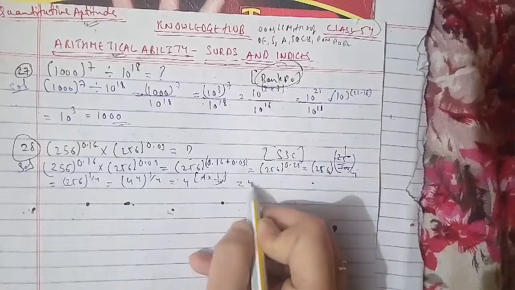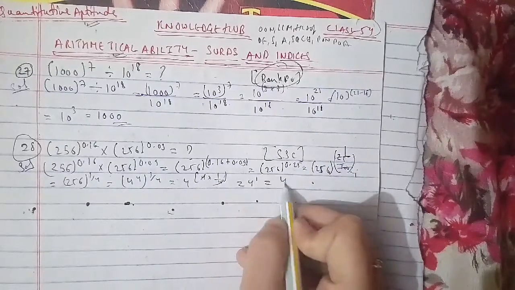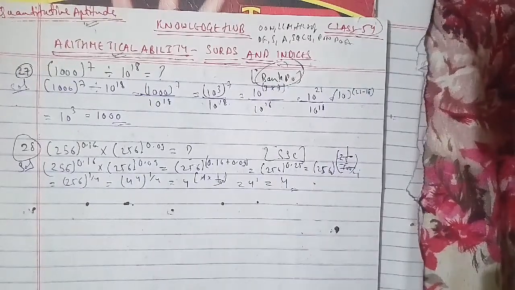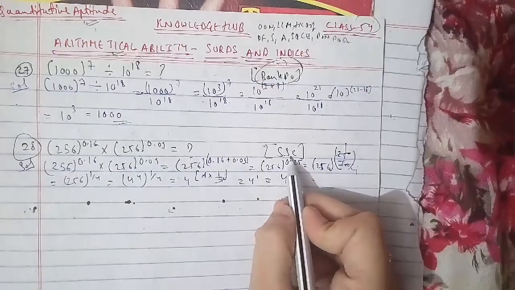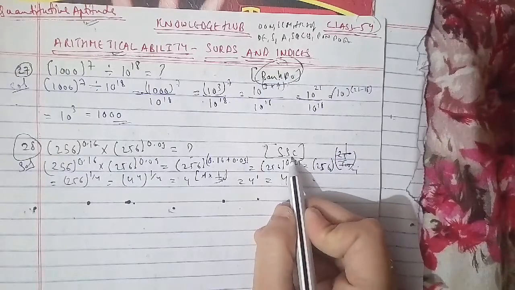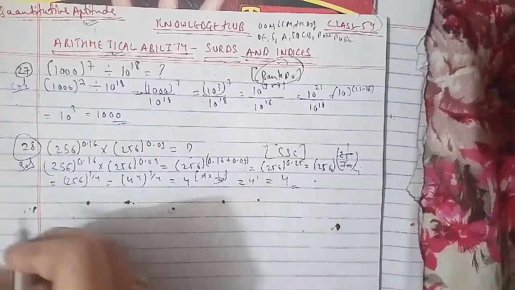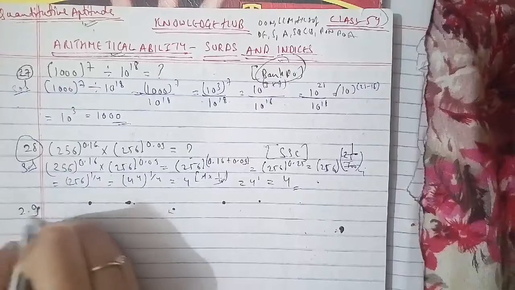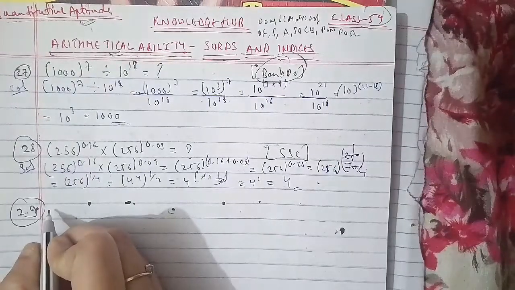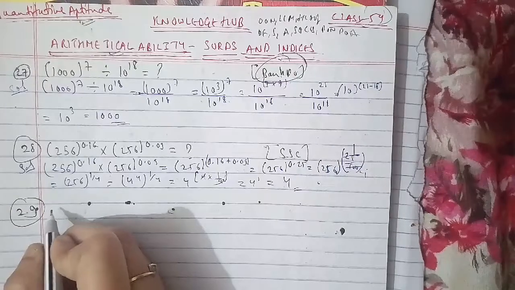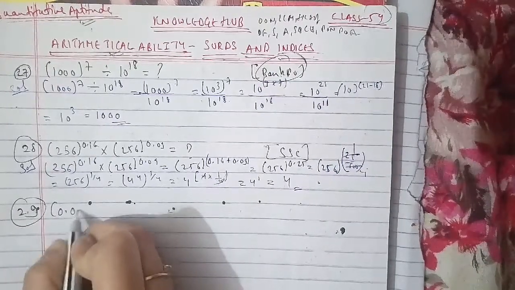We'll go ahead with the next one, which is important. As I told you, this is also important because it was asked in an SSC examination paper. We'll talk about the 29th question of the session. The question is 0.04 to the power minus 1.5 equals what? This question was asked in a question paper, so it is important as well.